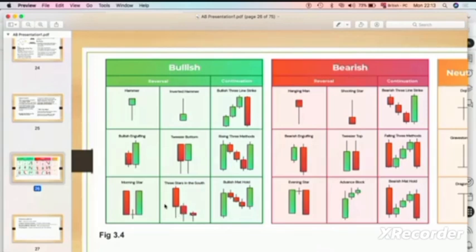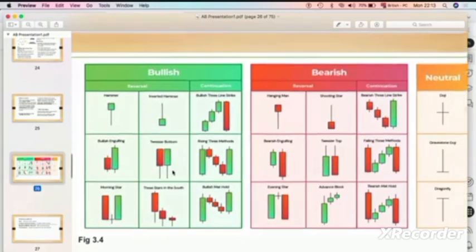So when you see this type of candles in the market, you know that sellers are getting exhausted, and the buyers will eventually come in and sweep them off and push prices higher. So this is for the bullish scenario.